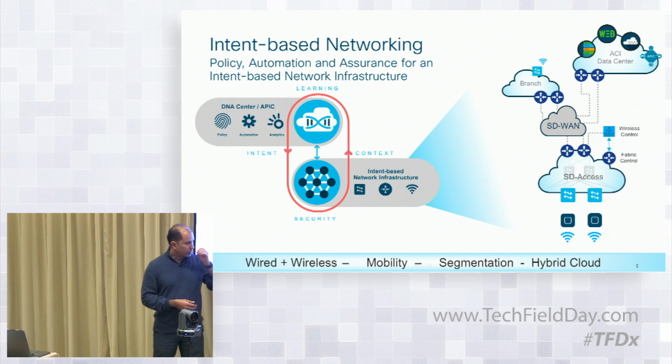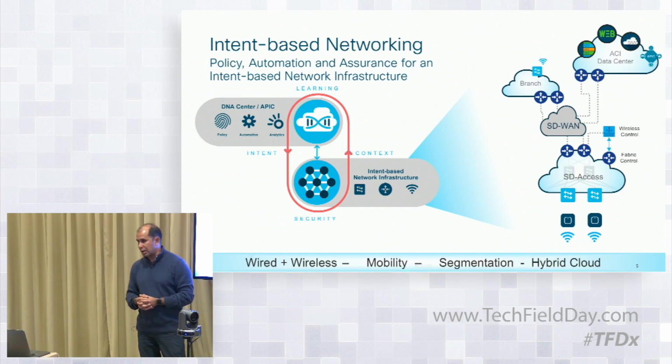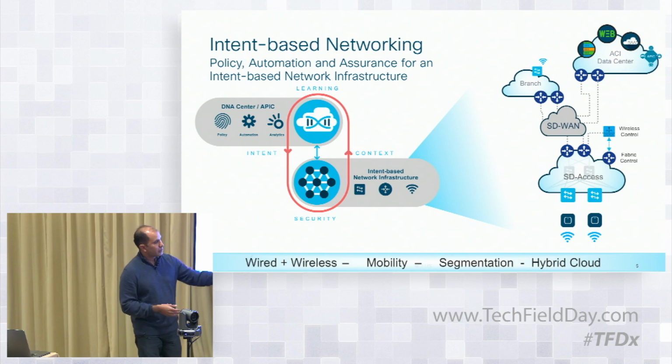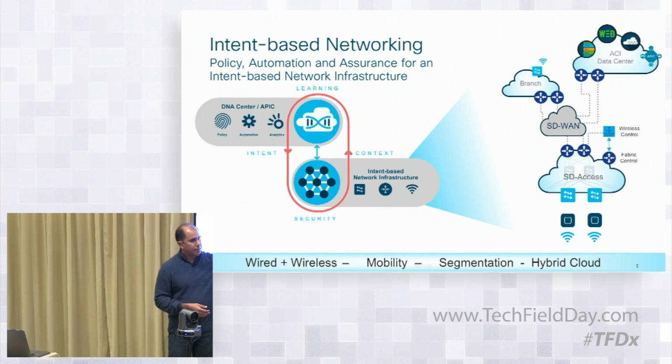Right? It's of little benefit to be able to segment in one pocket when you go to some other location and you're out of the segmentation security zone, right? So basically think of this as our evolution of the SD-Access from a single location to a multitude of locations to cover a global footprint.